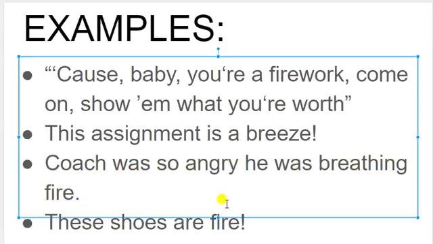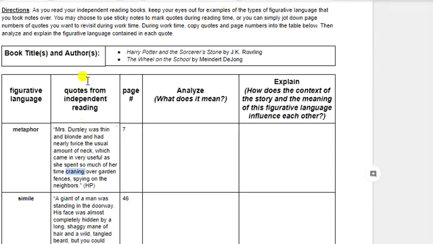He was compared to a dragon based on the action he was described as carrying out. Well, that's how Mrs. Dursley is described as a crane, or a type of bird, here. She's craning her neck, which means extending her long neck over garden fences so that she can spy on her neighbors. And I put my page number here.